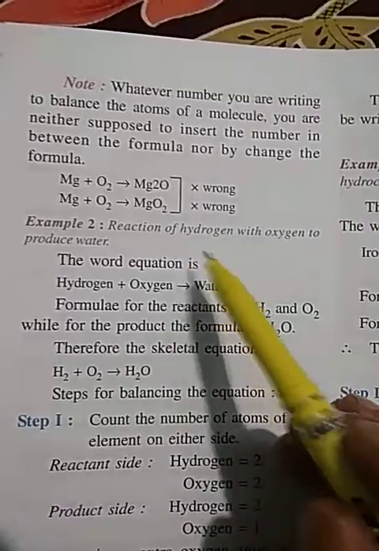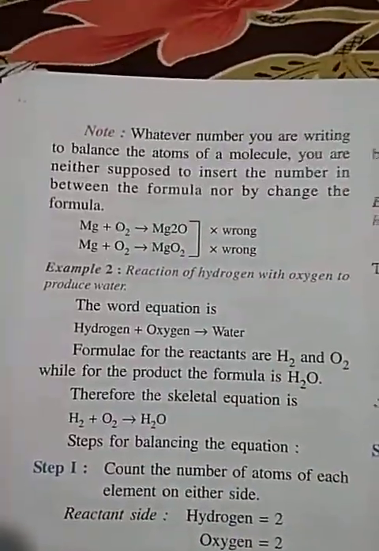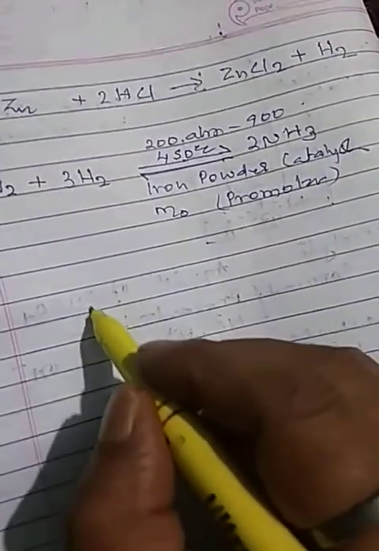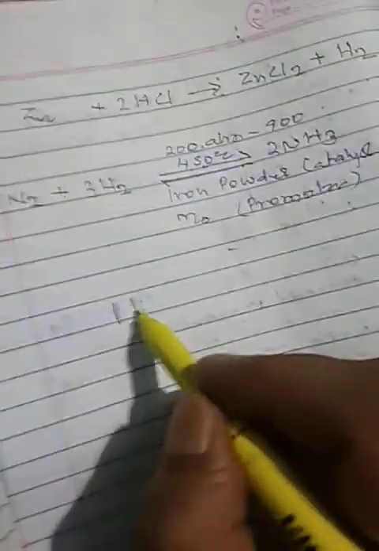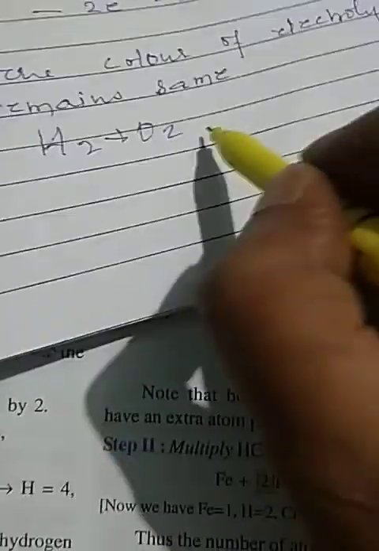Another one is hydrogen with oxygen to produce water. Hydrogen and oxygen react to produce water. Here is your hydrogen, here is your hydrogen, plus oxygen.